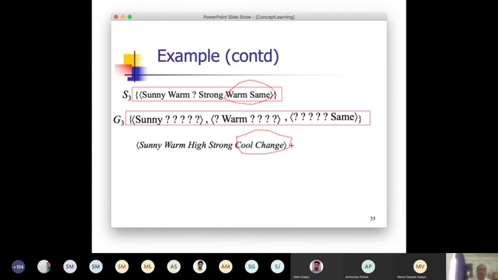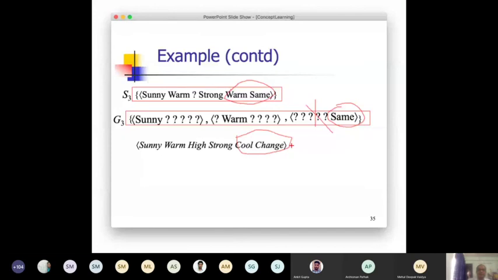But if I generalize them, then this will have a problem. Is it clear? Then this will have a problem because you have a hypothesis here which is not specific to this one.